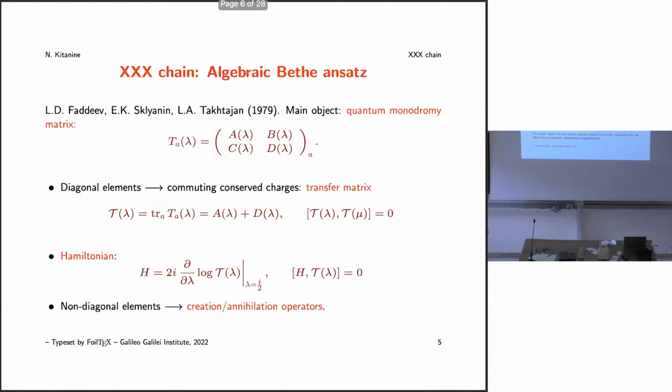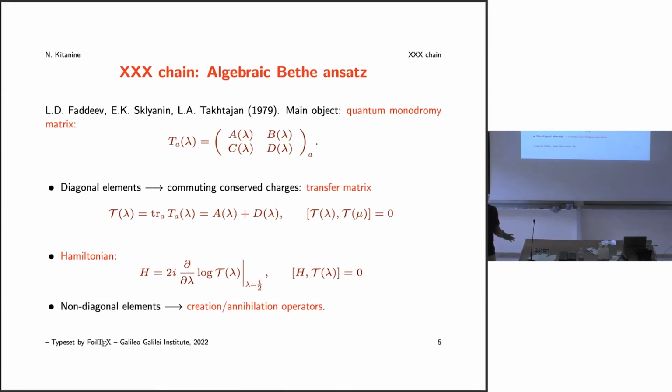So now I'll give a very quick reminder of the algebraic Bethe ansatz method. I will not go into the details. I just need to remind you that in this algebraic Bethe ansatz framework, what you need is to construct an object which is called the quantum monodromy matrix.